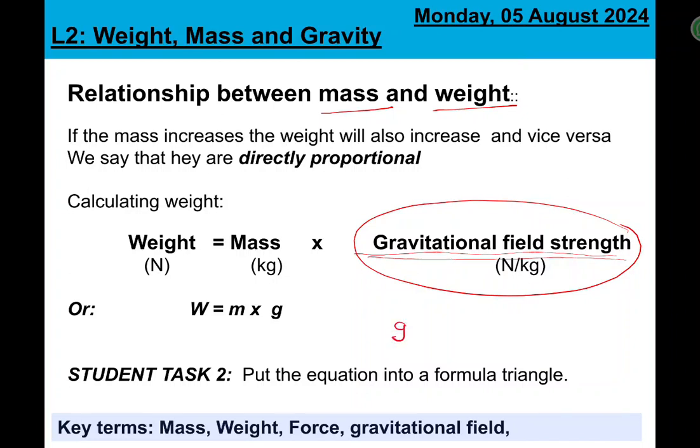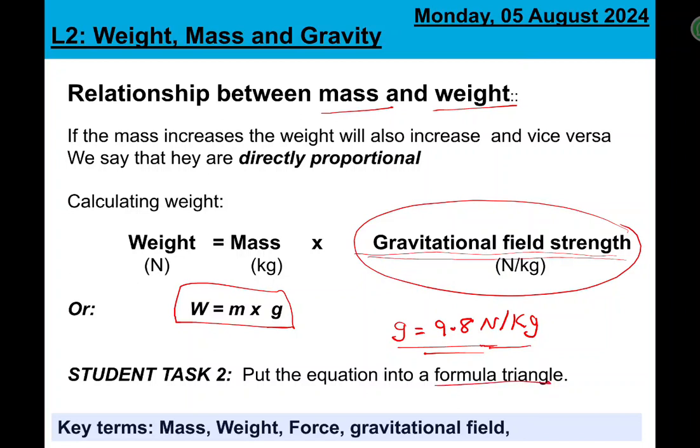On earth, it is found that g is equal to 9.8 Newton per kilogram. For every kilogram, the earth pulls it with a force of 9.8 Newton, or it has a weight of 9.8 Newton. So the gravitational field strength is 9.8 Newton for every kilogram on earth. You have to put this in mind. Memorize it and keep it.